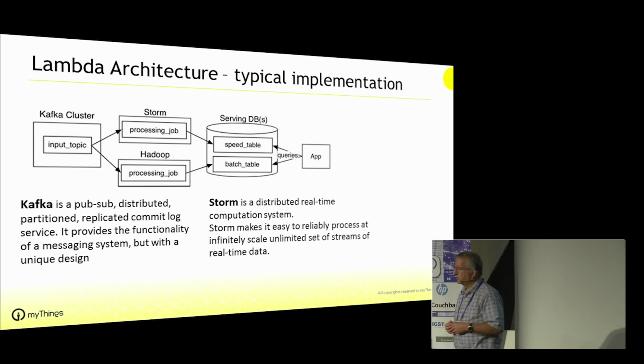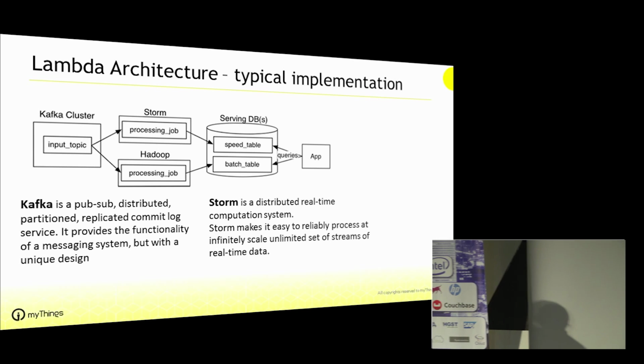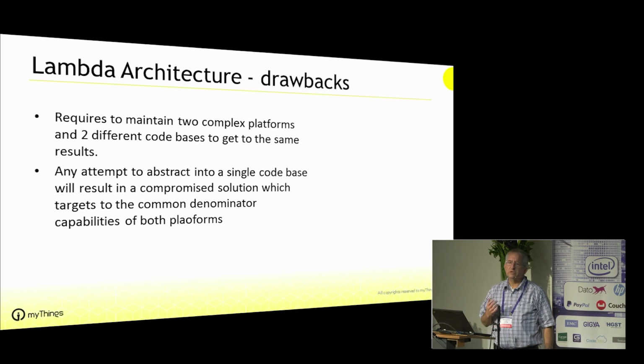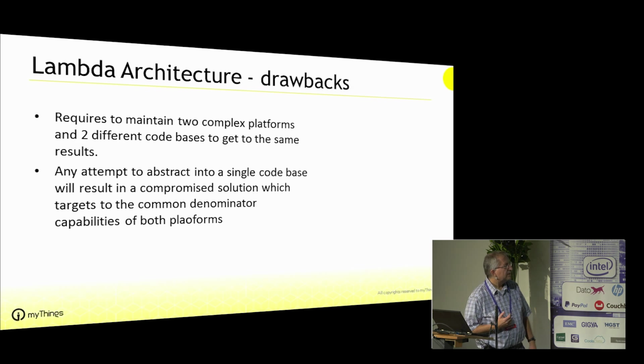Because I don't have too much time, I want to get towards the drawbacks of this architecture. The main drawback is that as a designer, you actually have to deal with two different codes. One code which processes the data on the batch layer, and another code which, from the user point of view, is doing the same thing and you get the same results, but it's a different code because it uses different techniques.